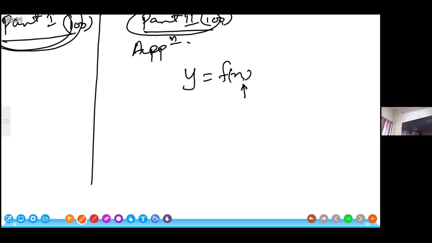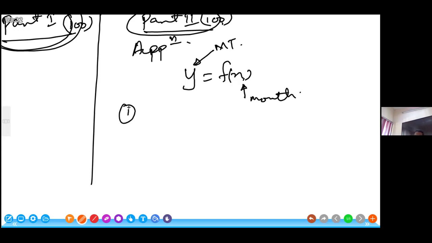X is in month, Y is in metric tons of onion production, as an example. Because onion production is not the same throughout the month.